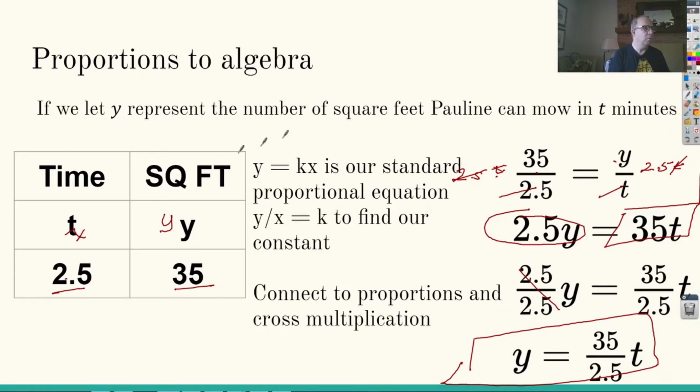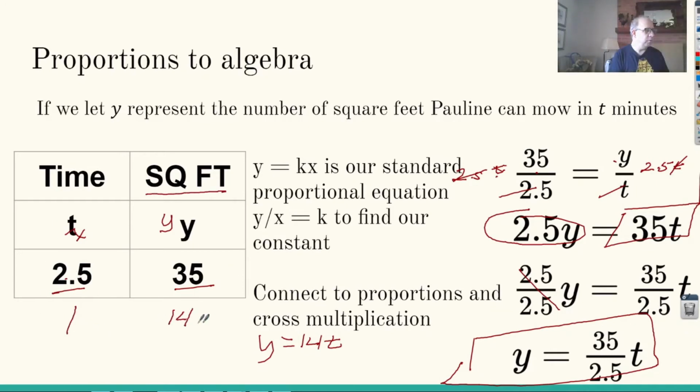So y equals 14t. That would be square feet. So in 1 minute, 14 square feet of yard is mowed. So our rate is 14 square feet of yard mowed in every minute.